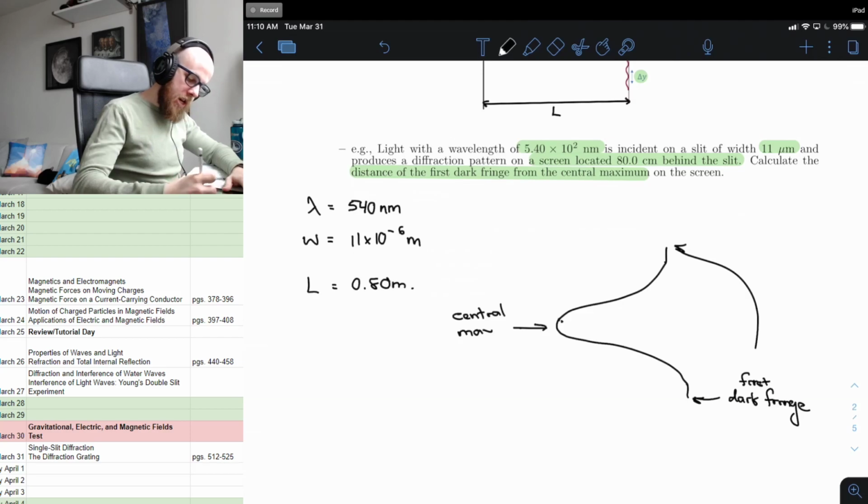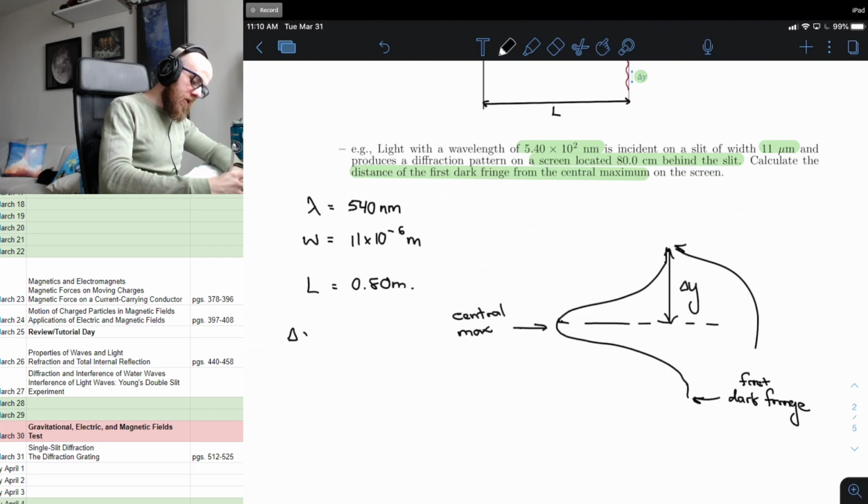What we're interested in is the distance from the central maximum to the first dark fringe. So here we're looking for delta y. What is delta y?